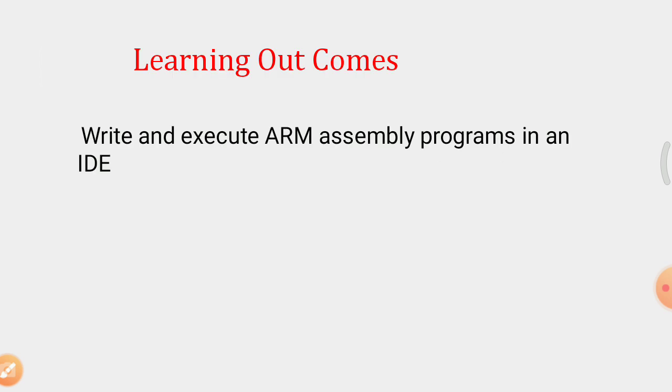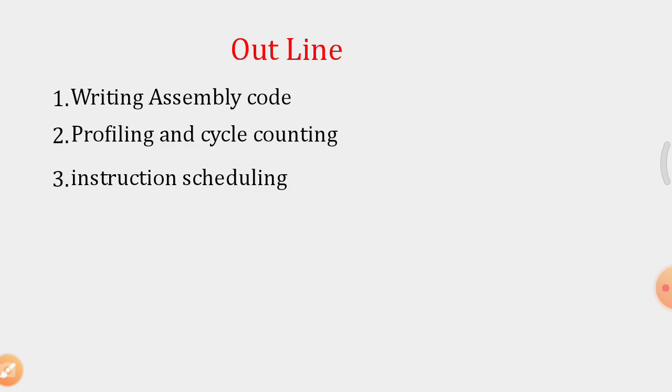The learning outcomes of this section: students will be able to write and execute ARM assembly programs in an IDE, an integrated development environment. The outline covers writing assembly code, profiling and cycle counting, and instruction scheduling.